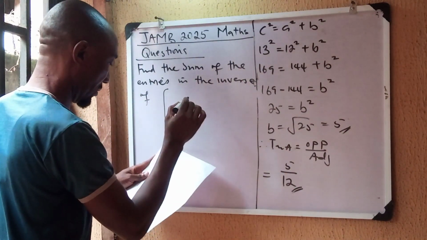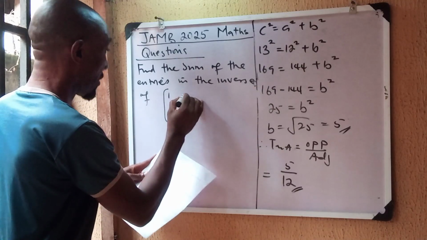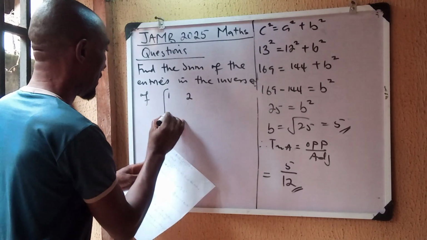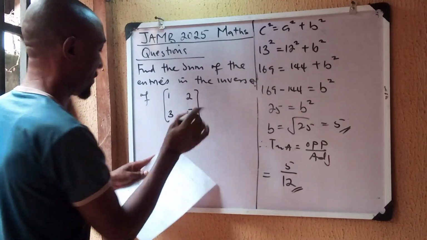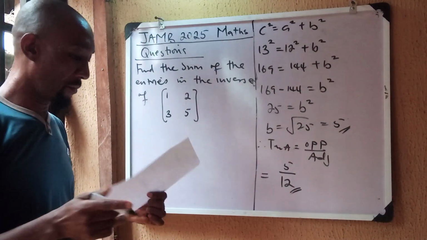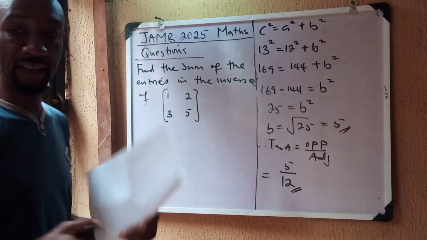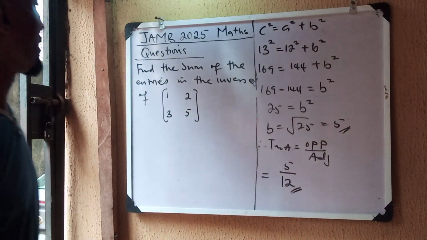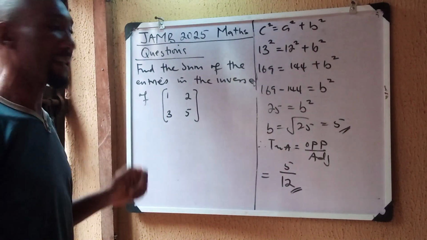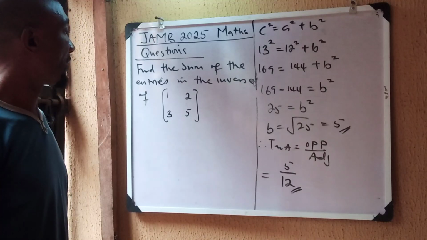The matrix is 1, 2, 3, and 5. This is a 2 by 2 matrix. And how do we find the inverse of a 2 by 2 matrix?